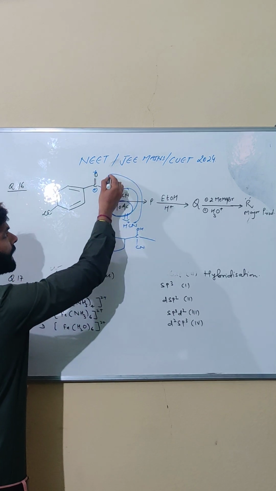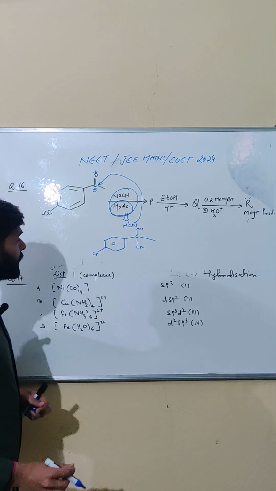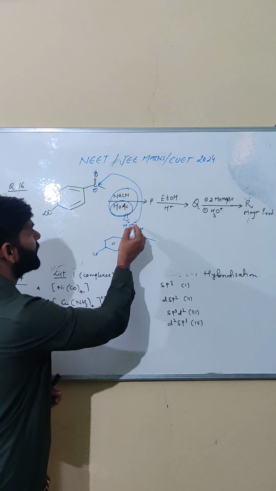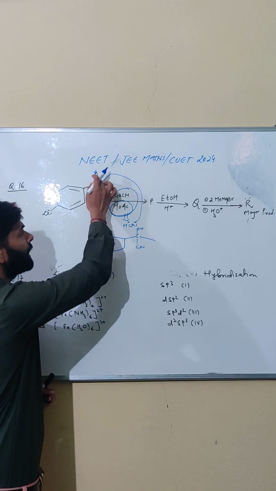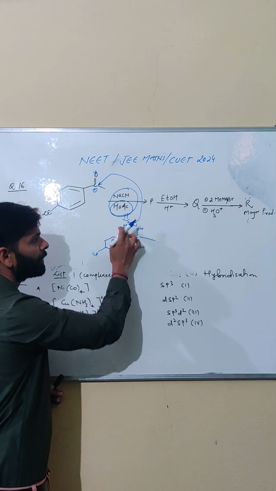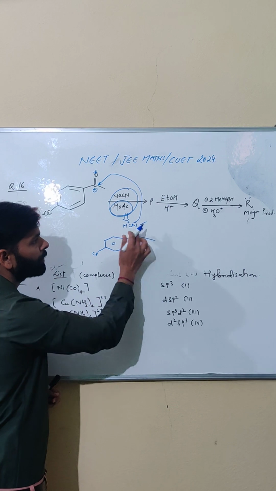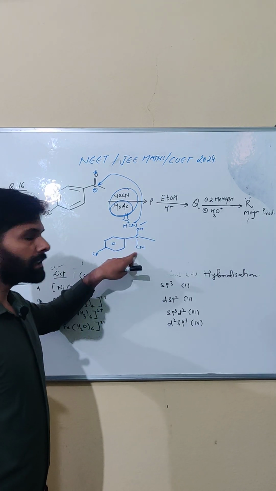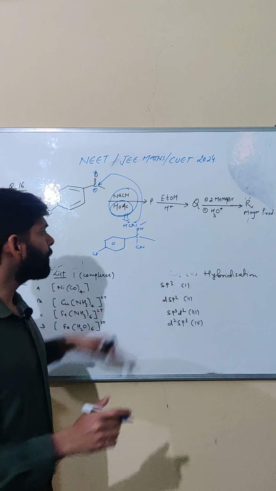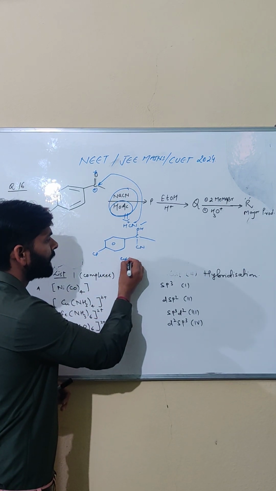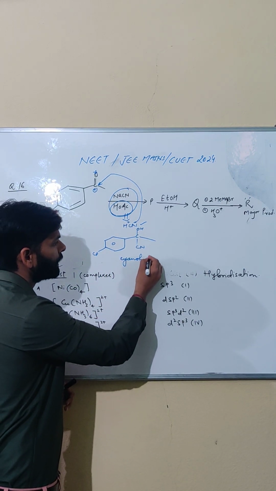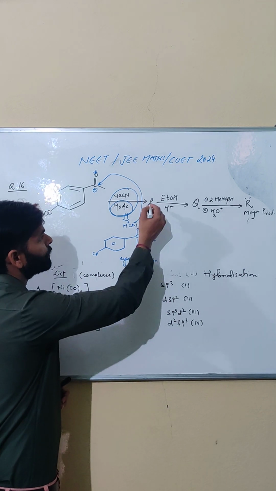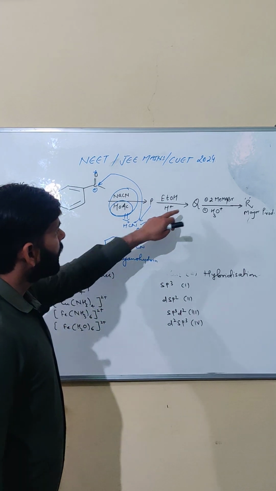So this CN minus will react with this positively charged carbon, and cyanide will attach with this carbon, and oxygen will take this hydrogen. So we will get this OH and CN. When both the groups OH and CN are attached at the same carbon, we call this compound cyanohydrin. Okay. Now so P will be this.